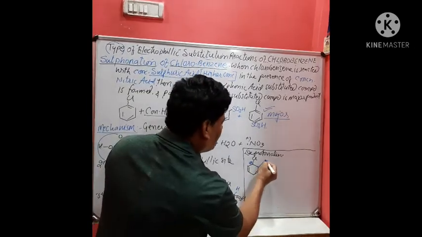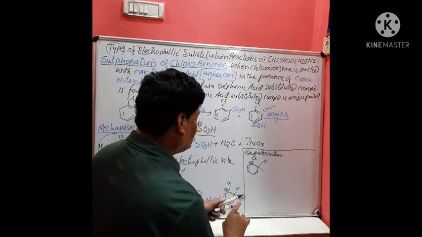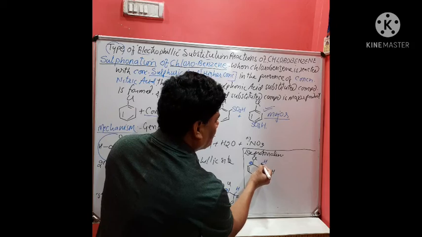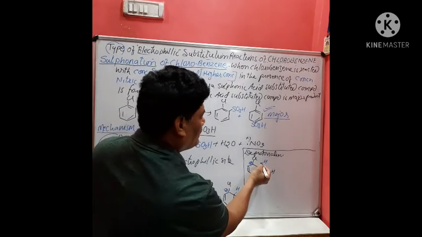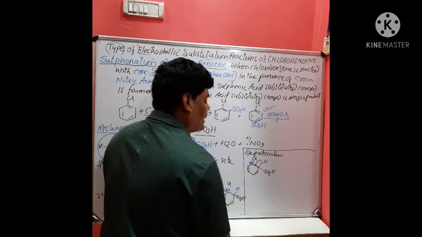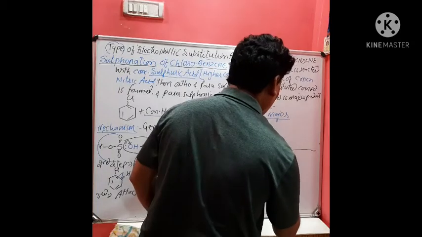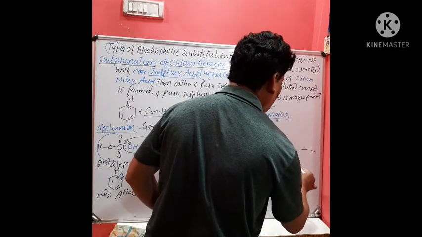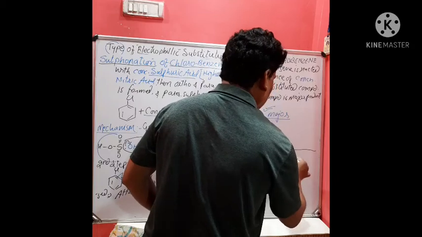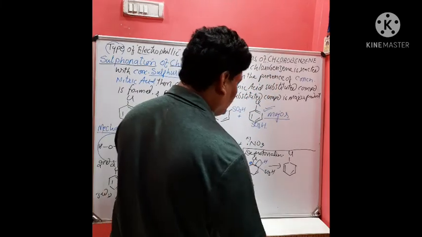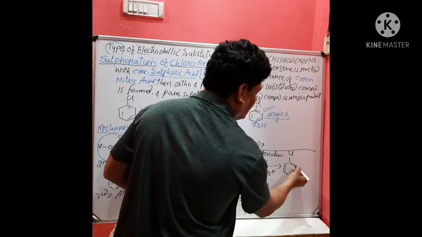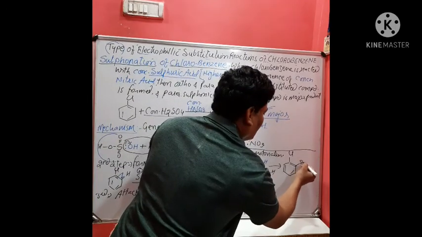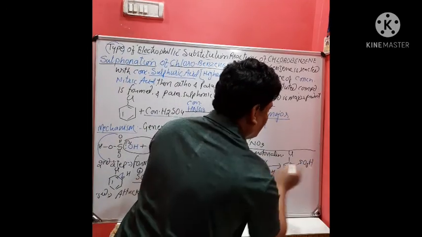So this is H, and this one is SO3H. And now there is a bond pair between carbon and hydrogen, which is taken by the benzene ring. That means now the stable compound, that is the main product, will form. This is Cl. Now the plus charge is removed. It is because the electron pair entered the benzene ring, and SO3H is completely attached here.